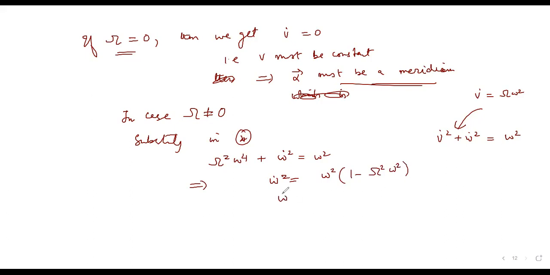So that means w dot जो होगा इसको स्क्वायर रूट लेंगे दोनों साइड पे, क्योंकि प्लस माइनस w into square root of 1 minus omega square w square.